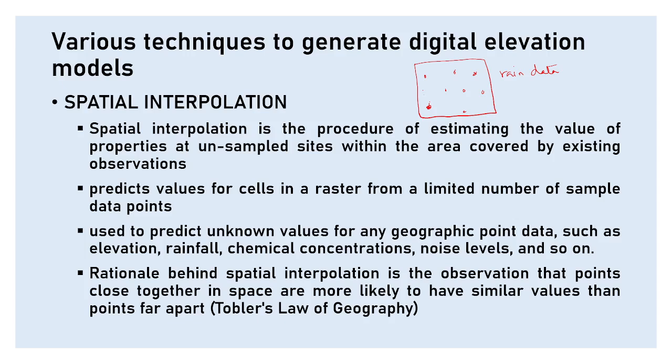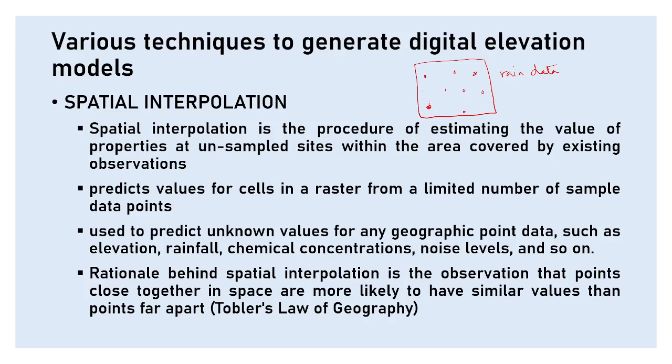Now this is used to predict unknown values of any geographic point. It can be elevation, rainfall, chemical concentration, noise levels, etc. The basic idea behind spatial interpolation is the observation that points which are close together in space are more likely to have similar values than points which are far apart.